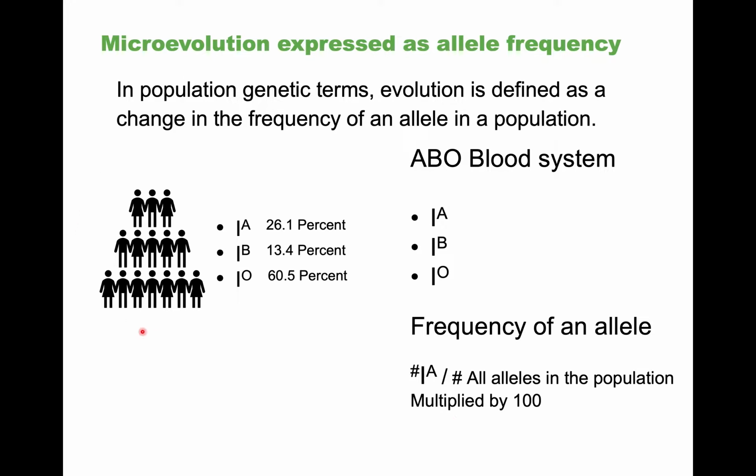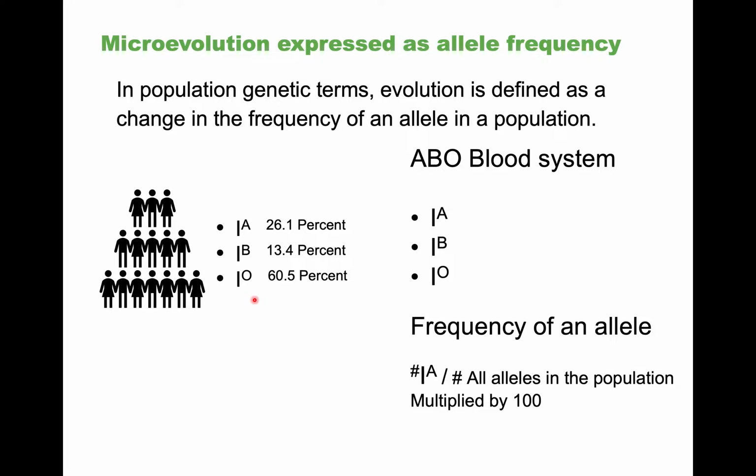As a representative example, let's say this is a human population, and for this particular population, the percentage of A alleles is 26.1, B alleles is 30.4, and O alleles is 60.5. So when evolutionary biologists ask, is the human population evolving with respect to the gene that defines blood type, then the question becomes, is the percentage of these alleles changing or not?